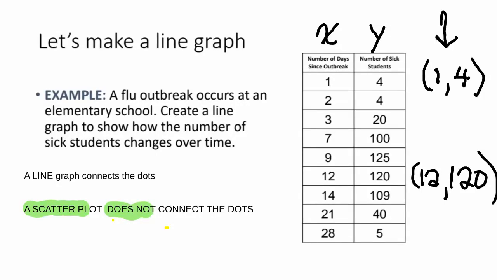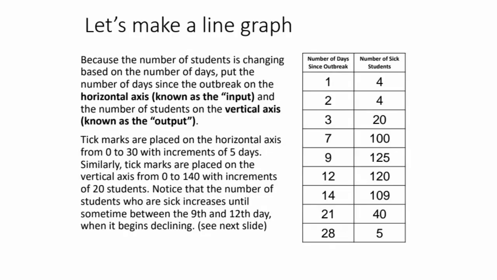Now, we then tell you a little bit more. Now, again, these are vocabulary words. The horizontal axis in Pearson is sometimes known as the input, or as I told you, it's the X column.